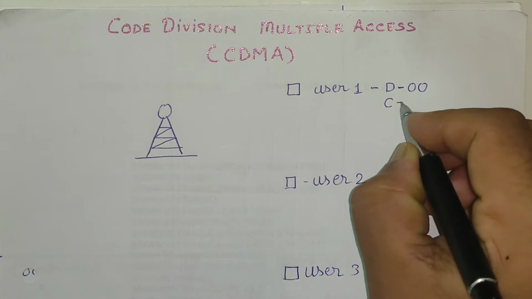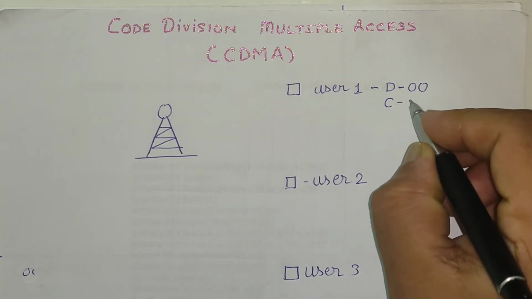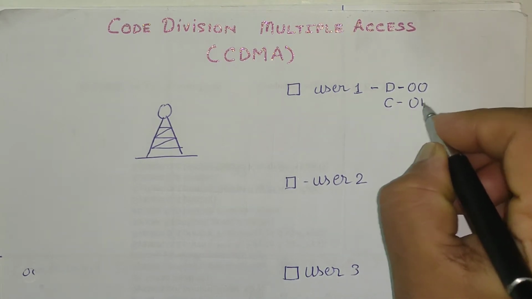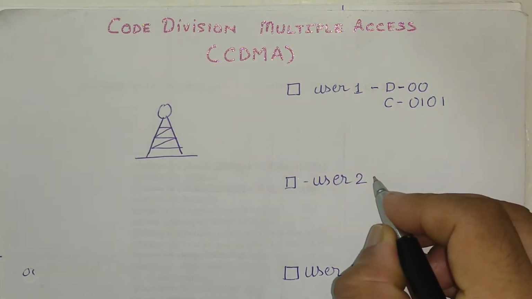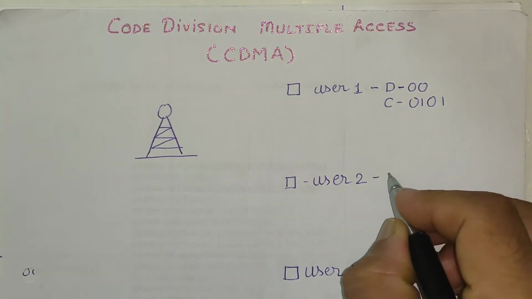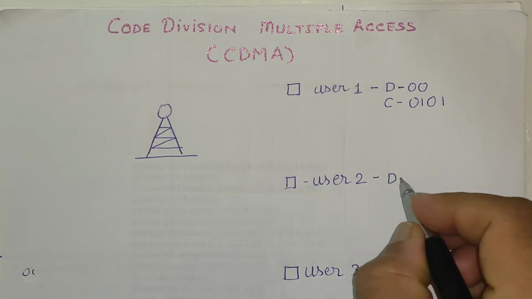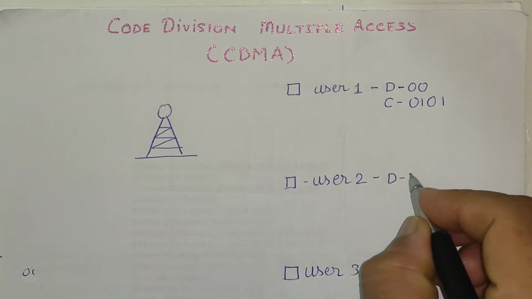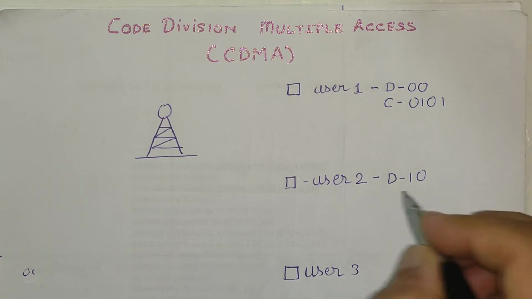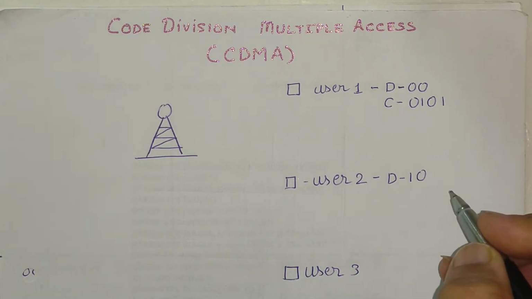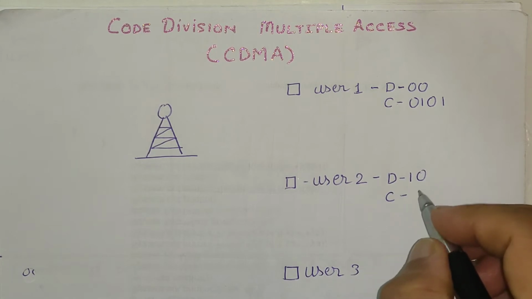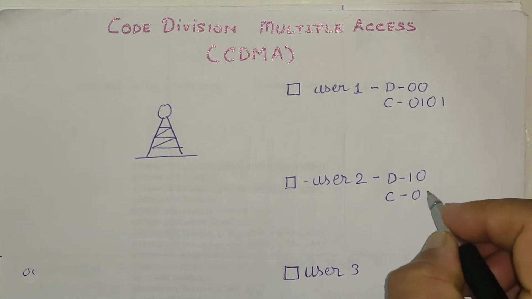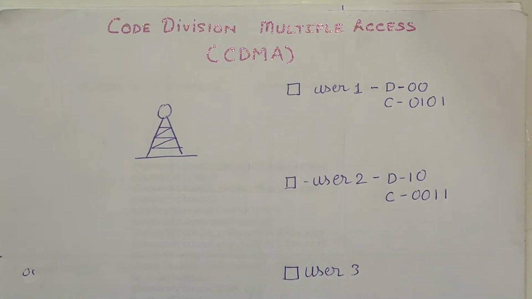I'm denoting it with C. The spreading code is going to be 0101 for user 1. Likewise, user 2 also wants to send some data over the same medium, so we are calling that data D for user 2 as 10. So this is what they want to transmit as a message, and the code word for this user 2 is going to be 0011. Fine.